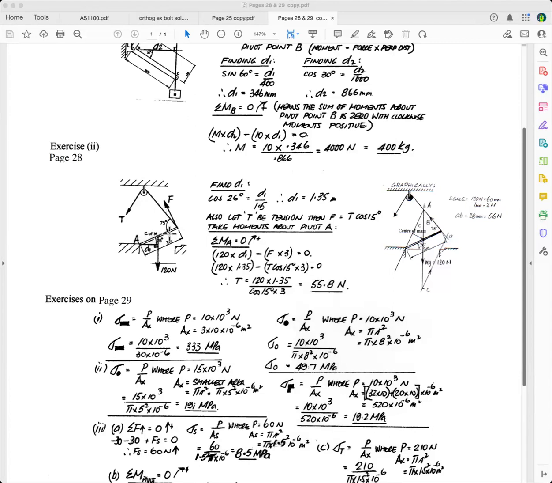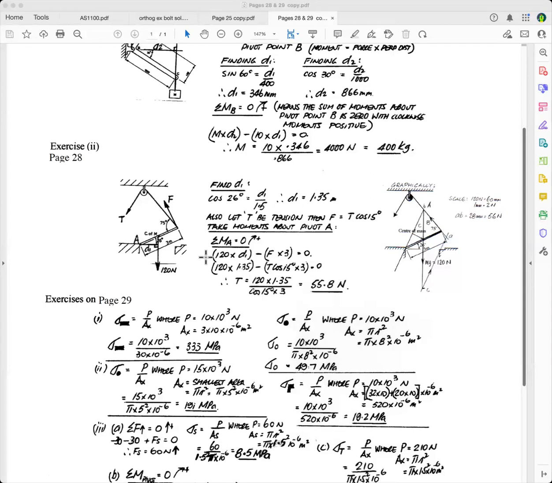We're going to use that 3 meters there and get this force here, and then you know that the horizontal component of this force will be cos. So it will be T cos 15, because 75 taken away from 90 is 15 degrees. So it's T cos 15.